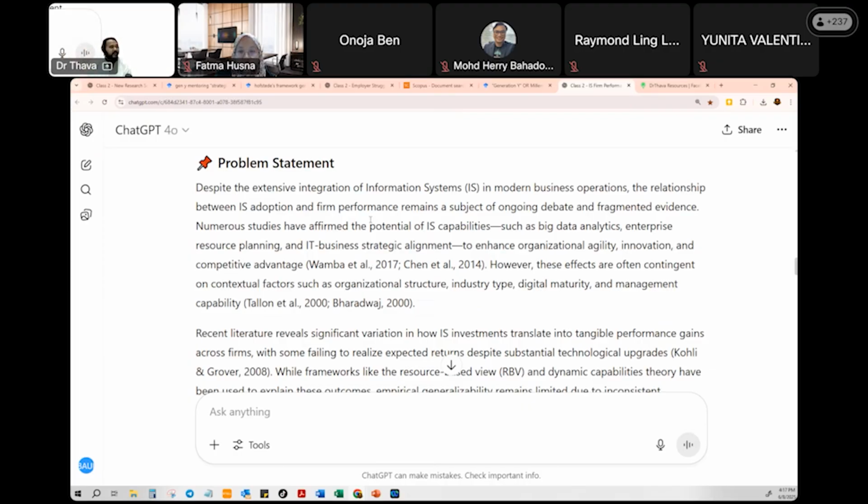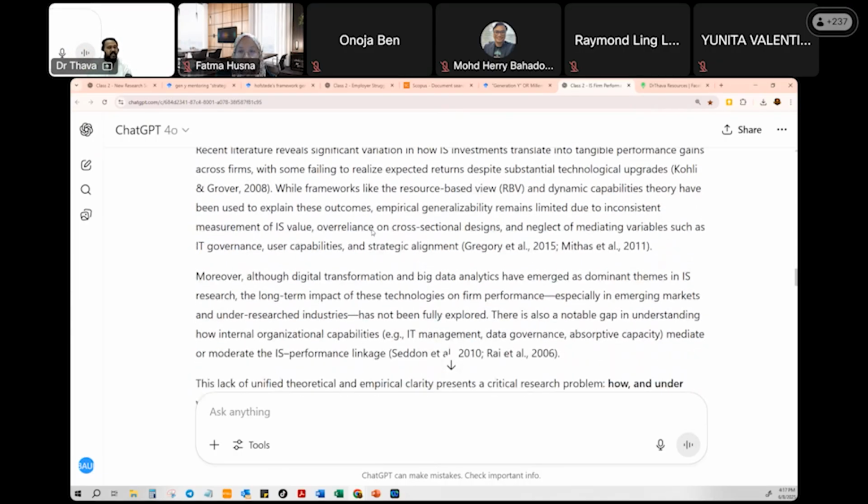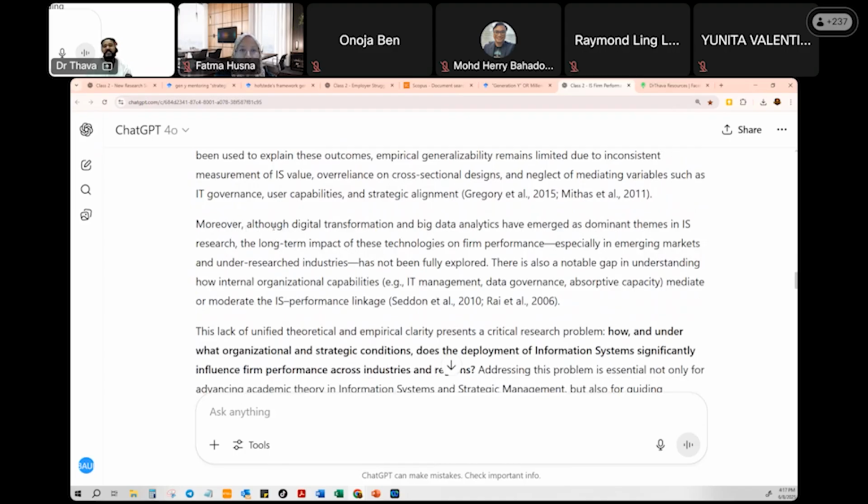All right, so from this, I want to know how reliable is the information given in this whole problem statement. Citation keyword analysis technique. Let's read this particular phrase. Moreover, although digital transformation and big data analytics have emerged as dominant themes in information system research, the long-term impact of these technologies on firm performance, especially in emerging markets and under-researched industries, has not been fully explored.